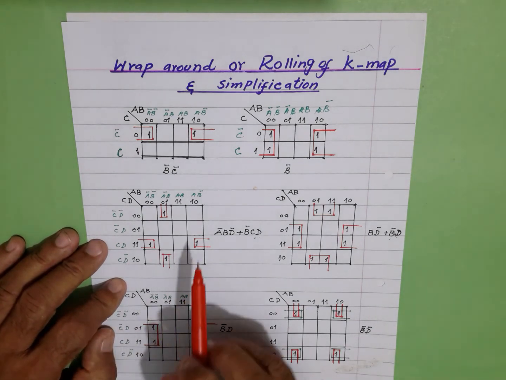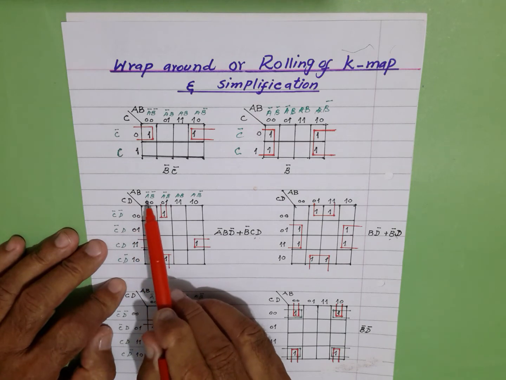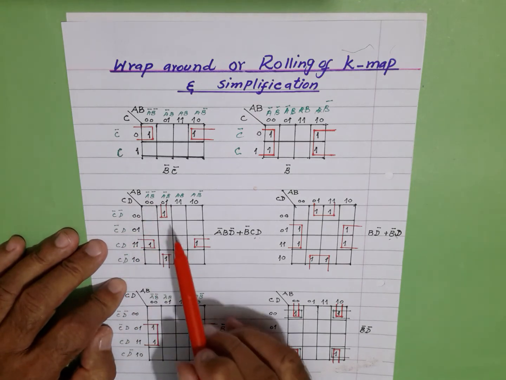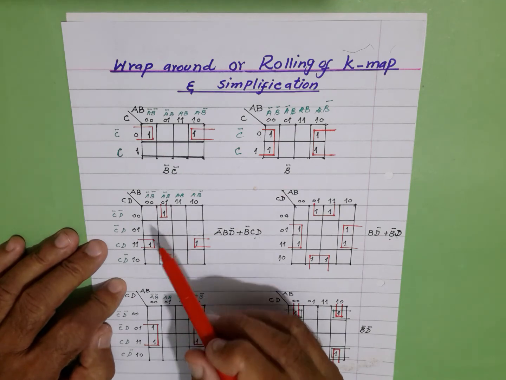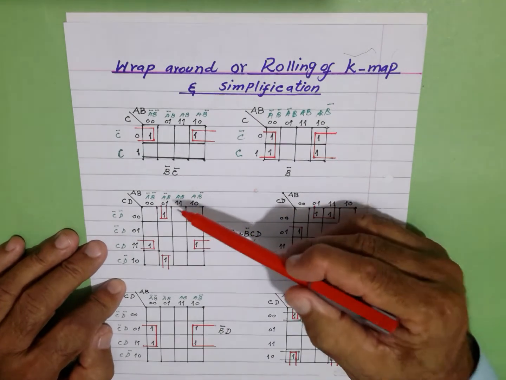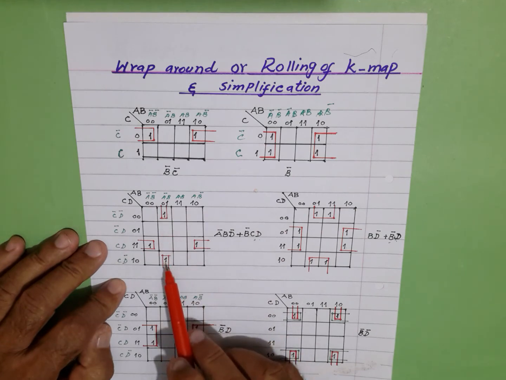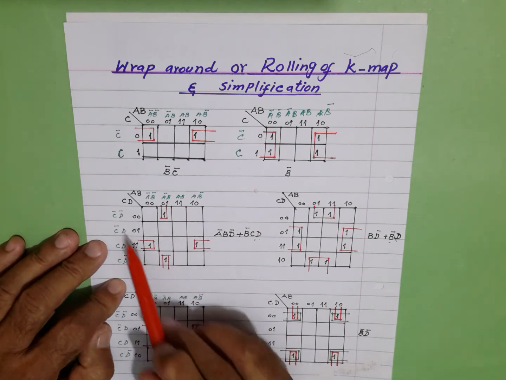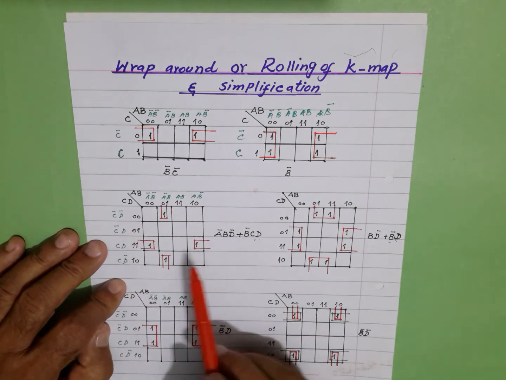Coming to 4 variables, A, B, C, D, 4 inputs, these are the possible combinations. For C, D, these are the possible combinations. This is 1 minterm. When we roll the map from top to bottom, we have A bar B constant, A bar B, and from here to here D bar is constant, therefore D bar.